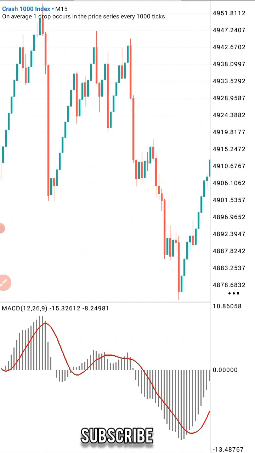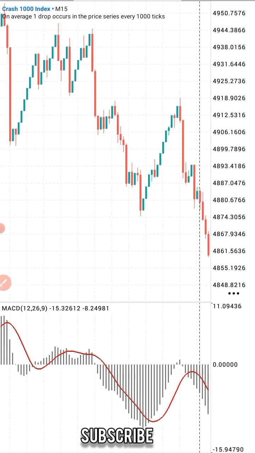Now, one of the works of MACD is that it shows momentum strength. Larger histogram bars, because these are bar charts. The larger the histogram bar, it suggests that the momentum is strong in that direction.